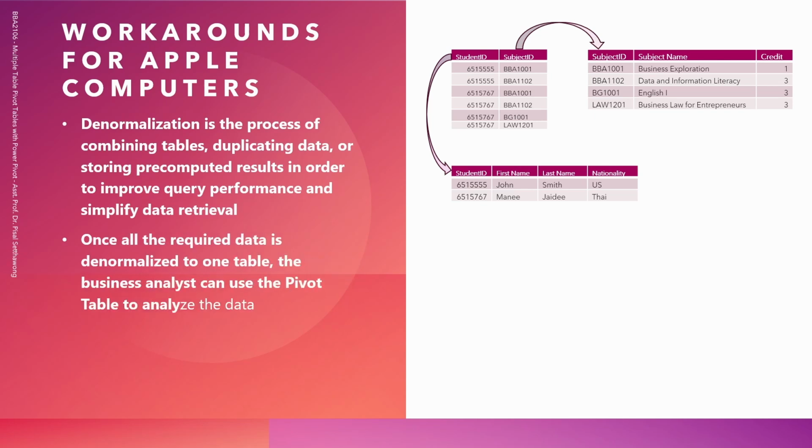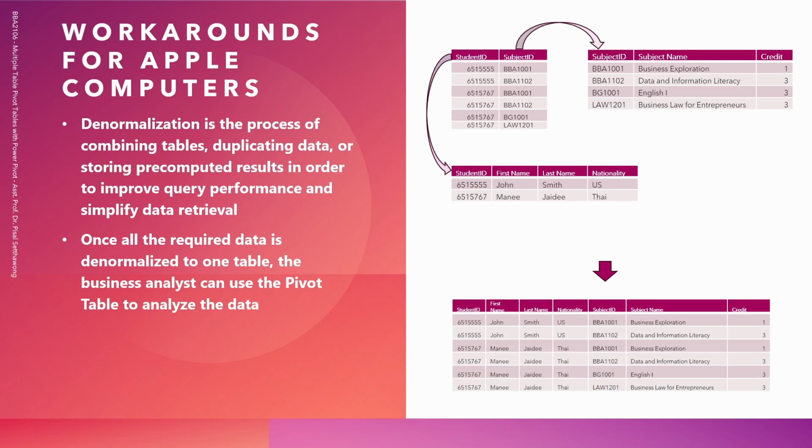Once all of the required data that you want to use is denormalized into one table, we can use the original pivot table to analyze that data. This process can be difficult to do if you don't have the necessary background, but it is one solution that can be done, or you can ask the database administrator to do this for you.